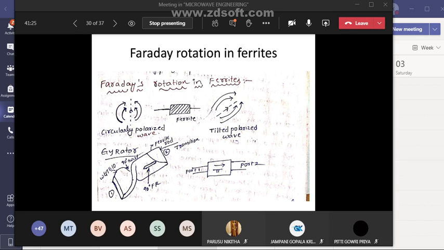But when the same wave enters at port 2, it comes to port 1 without any phase shift. Okay, so that is the Faraday rotation principle and the working of the gyrator.